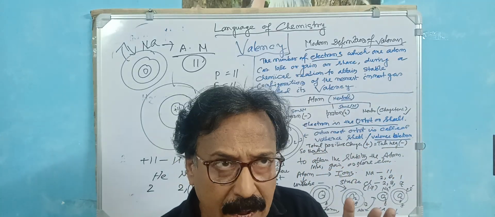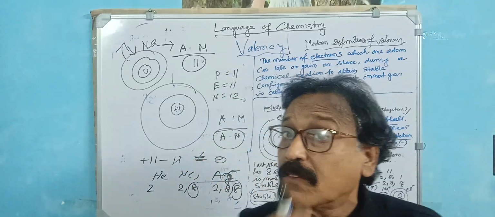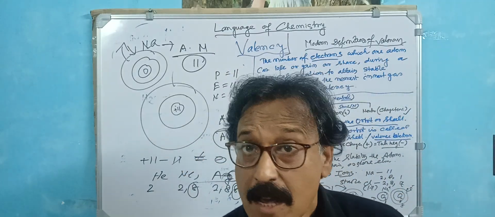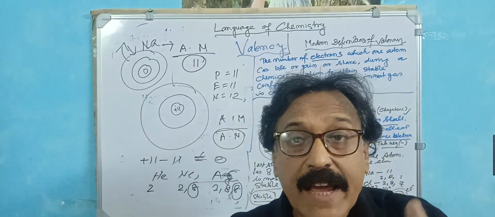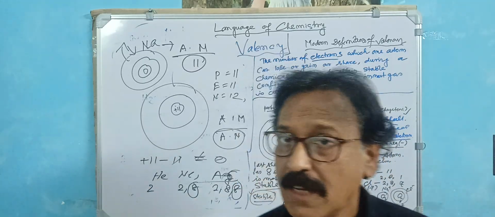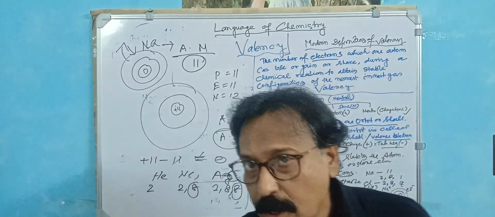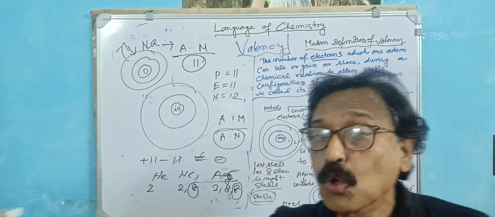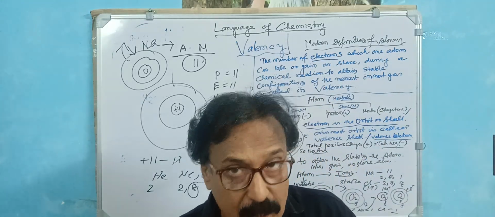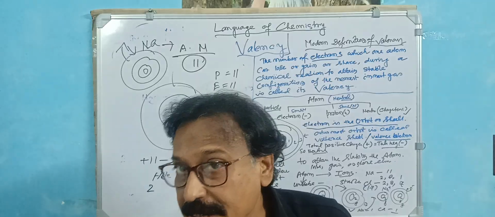But 90% and above of elements do not have 8 in the last shell. For their stability, they gain or lose electrons to make the last shell 8. For that reason they lose or gain electrons, and during this the chemical reaction is performed.